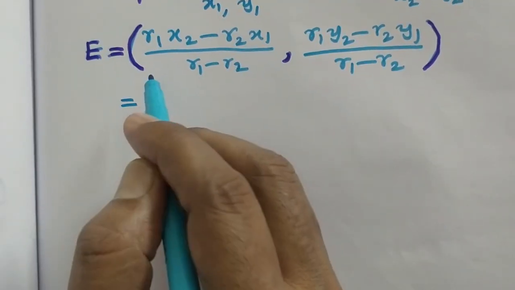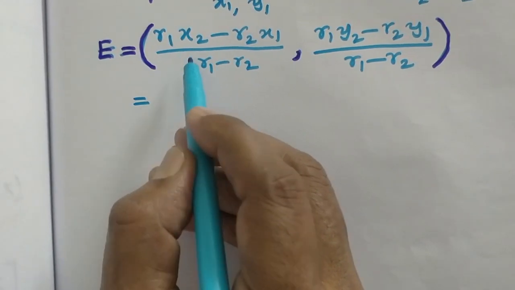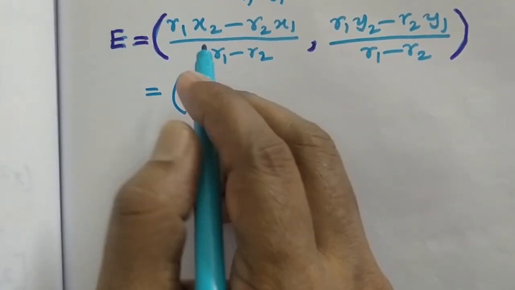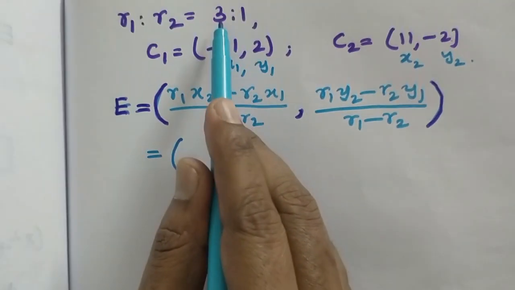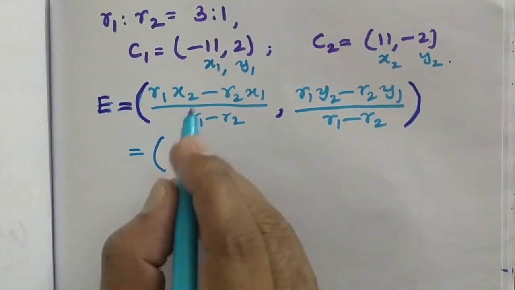Okay, I have to substitute the values in this formula. So R1 is 3 into x2, 3 into 11, 33.